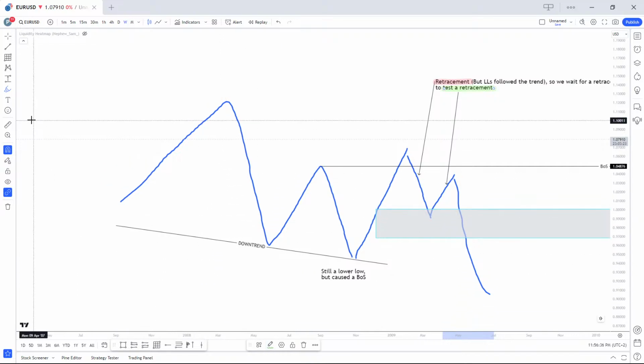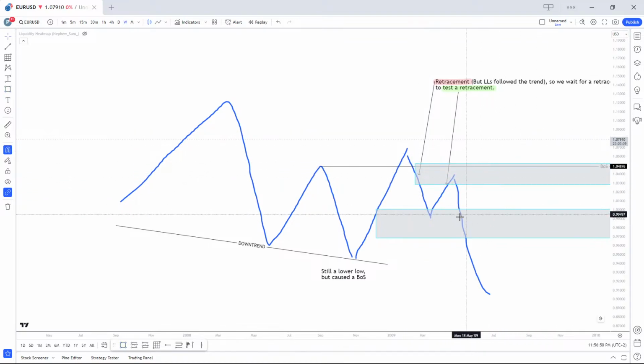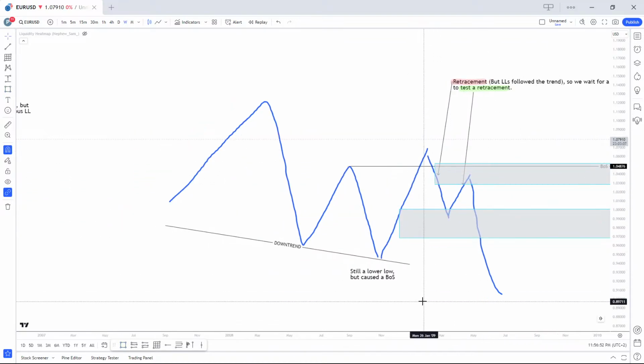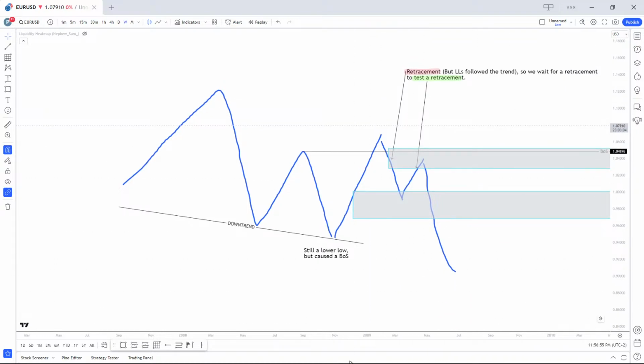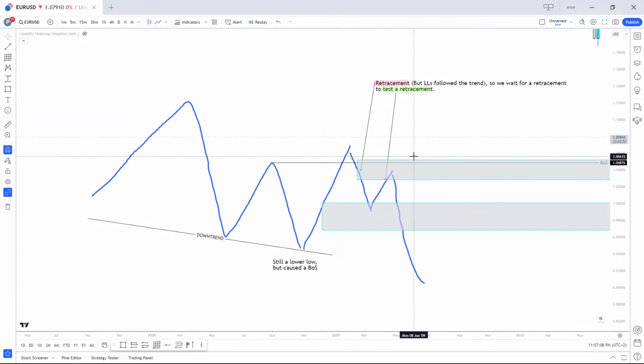Green, I don't know. Okay, so we got another fair value gap right here. This actually makes some sort of sense, I don't know. Alright, so I think we can screenshot this. Just make this a bit lower so we can actually see the break of structure.